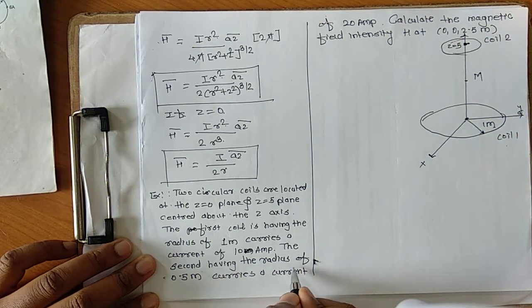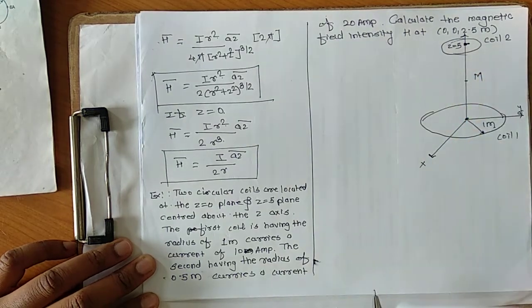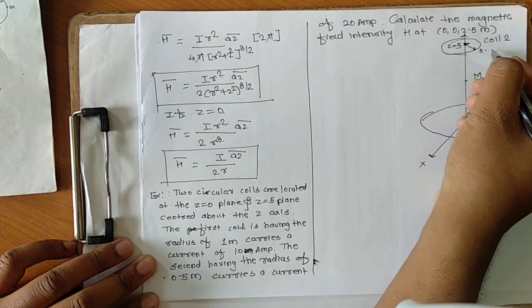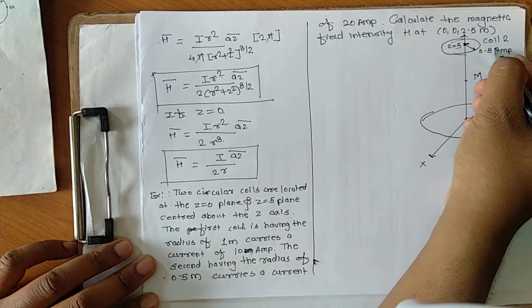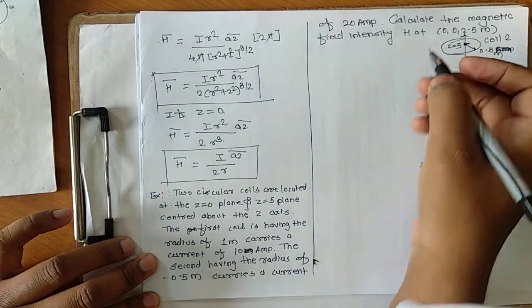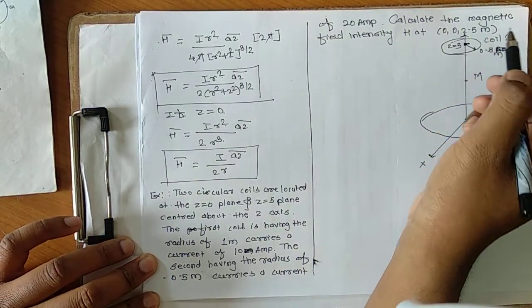The second coil has a radius of 0.5 meter and carries a current of 20 ampere. Sorry, 0.5 meter radius, 20 ampere current carrying. Calculate the magnetic field intensity H at 0, 0, 2.5 meter.